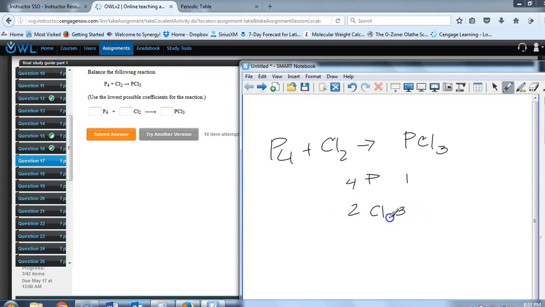So let's make these 6 to begin with. 3 here, 2 here. All right. How are we doing so far? Not good, because this is a 2 now, but not right. If we make this guy 4, now we got 4 or 4.